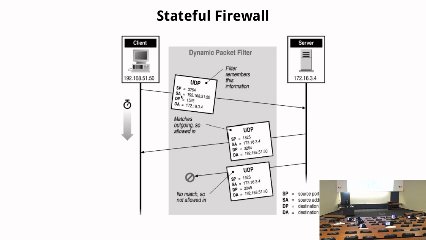This port number never tried to contact the server before. So the policy here could be that the server should never initiate any kind of communication if the client didn't initiate that. Then the firewall can remember that, and since this does not match our history, it denies this.